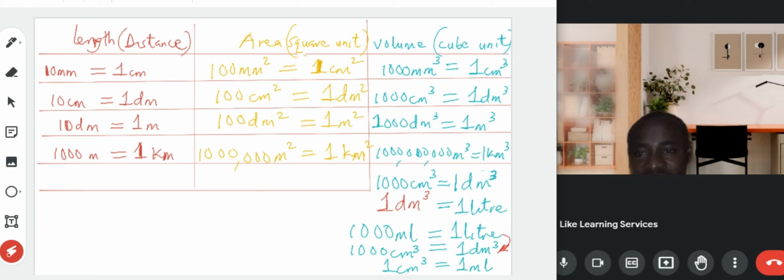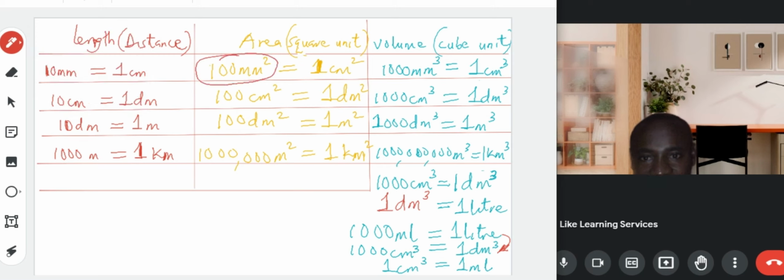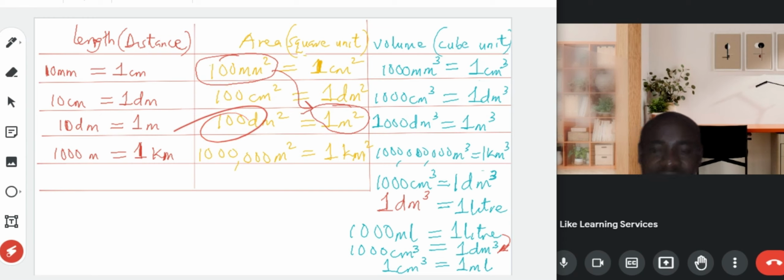So just like we did in the other one, if you want to change millimeter squared to meter squared, you have to do 100 times 100 times 100, and that will give us 1 million.